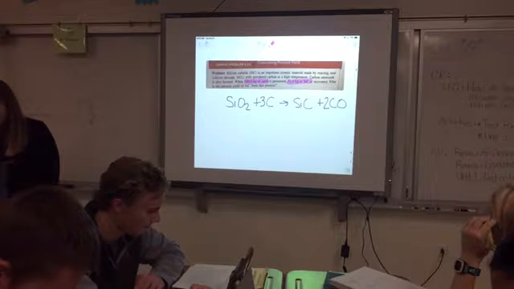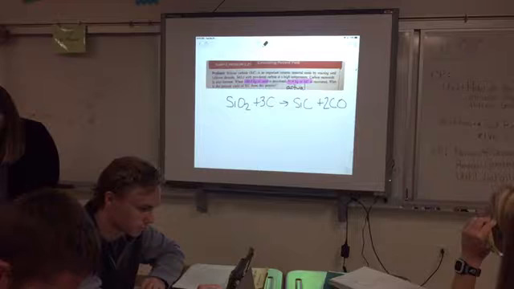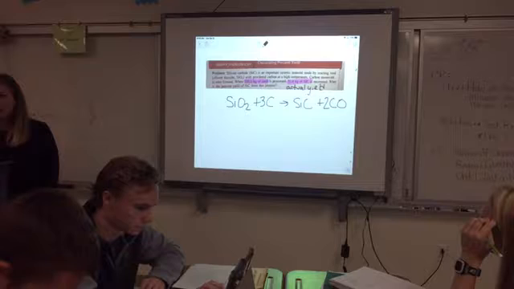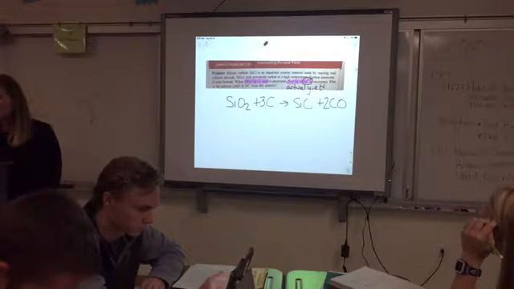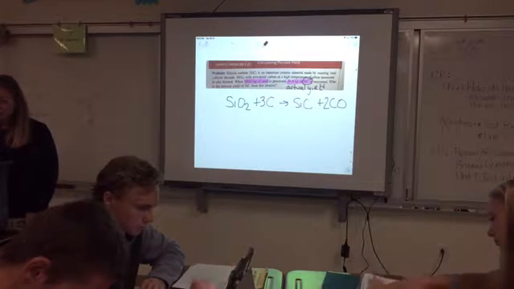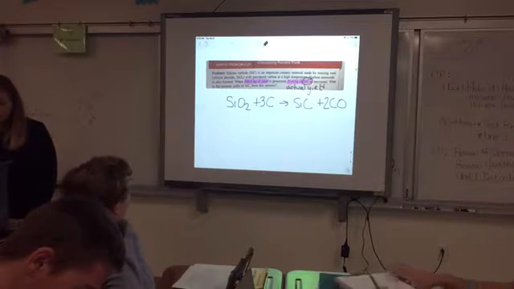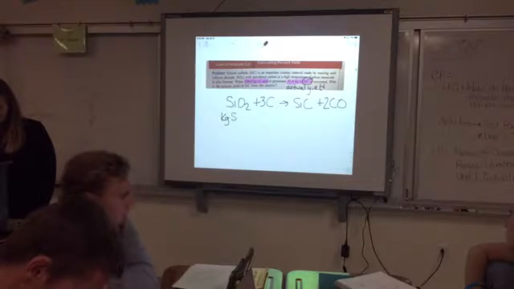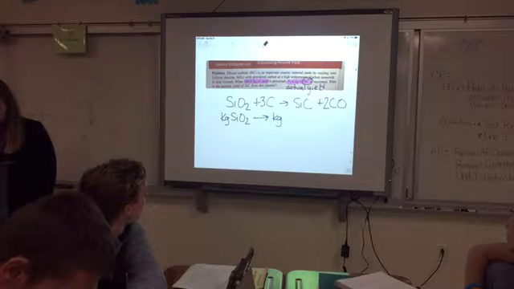You're given this, which is actual yield, right? We need to find the theoretical yield. So you are finding the theoretical yield of this. Because to do percent yield, you need to do actual divided by theoretical, right? But we don't know our theoretical. So you are going, basically, kilograms of sand, which is SiO2, to kilograms of SiC.